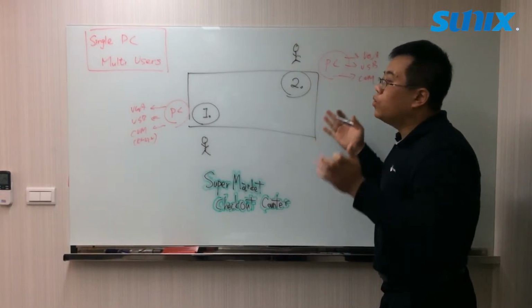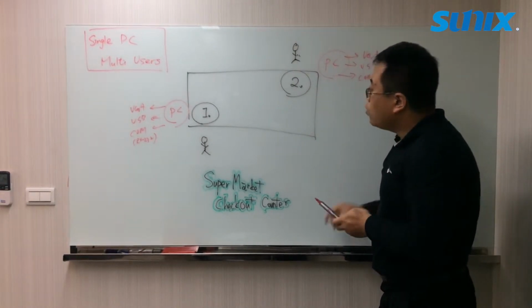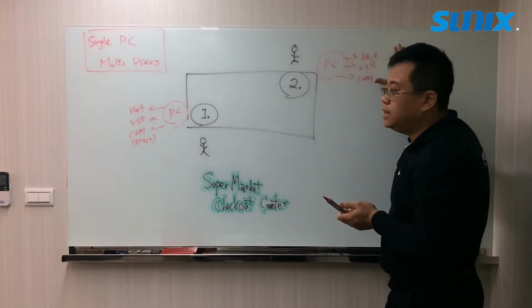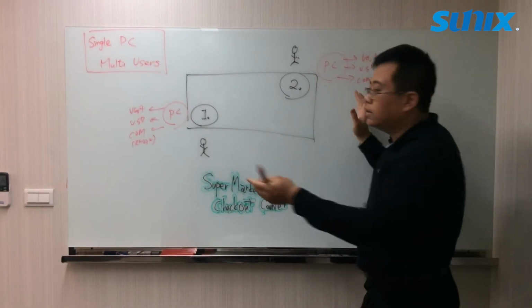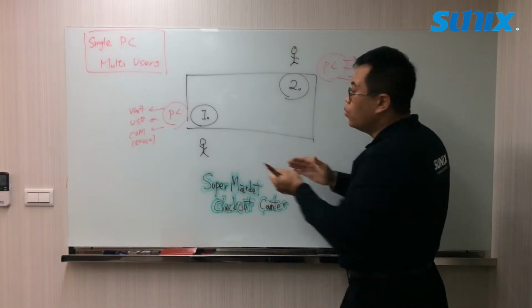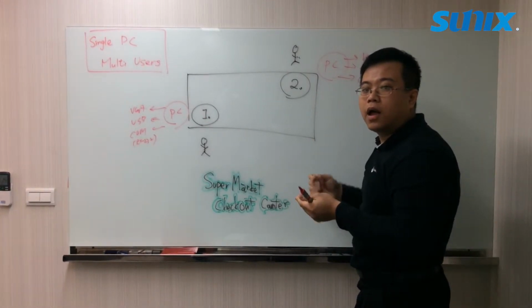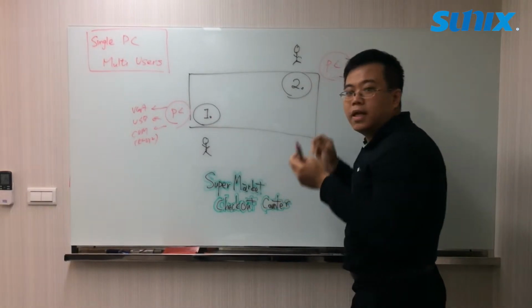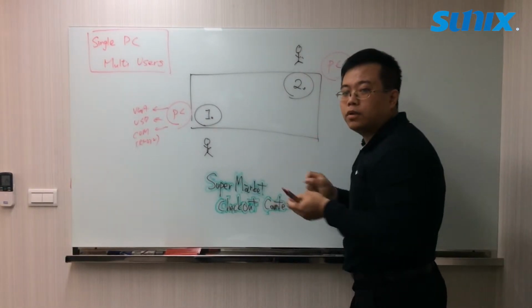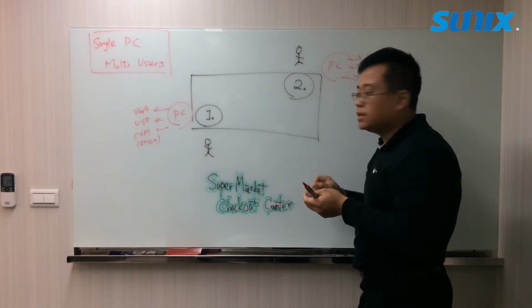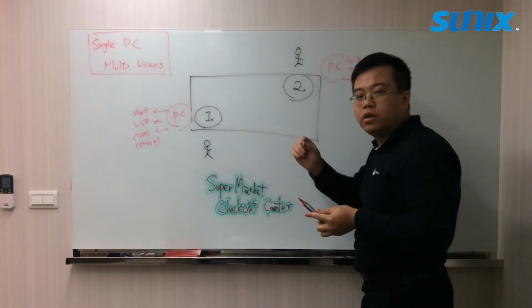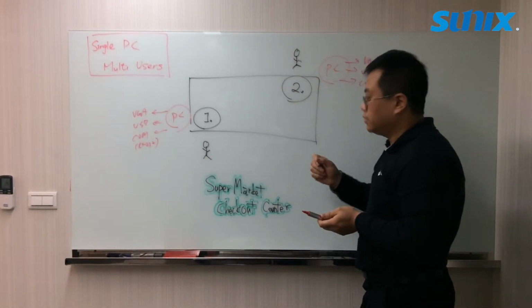So now, what we want to do, we want to save one PC and share single PC resource with 2 users using at the same time. However, 2 users can work independently. They have their own Windows user experience.